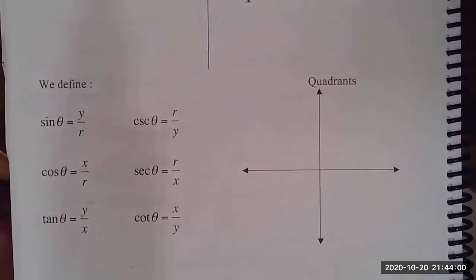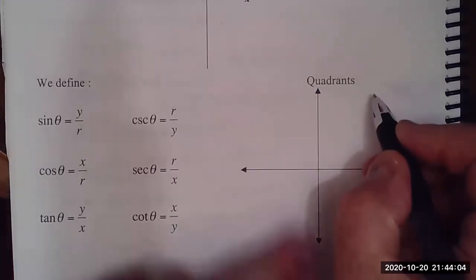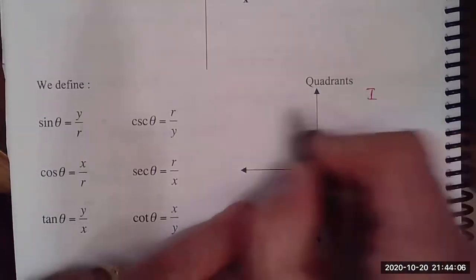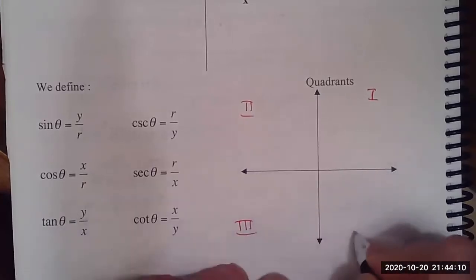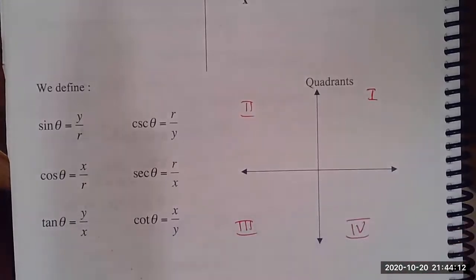Now, with quadrants, I think everybody knows this is quadrant 1 and 2, 3, and 4. I'm doing them in Roman numerals for you.